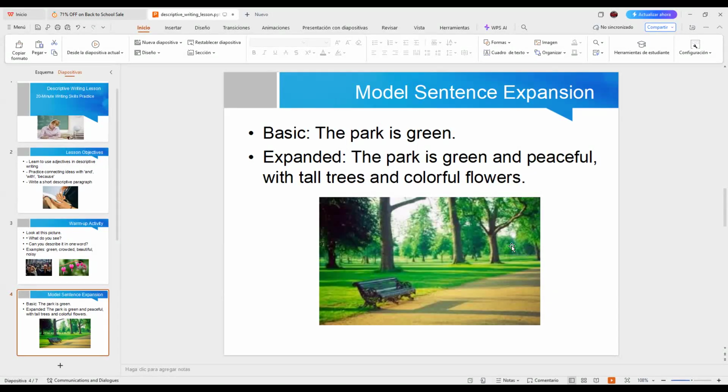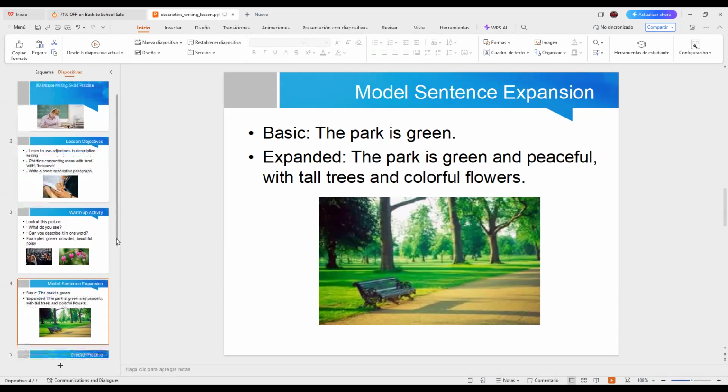Or probably look at some idea that can make a good complement in this structure. For example, the park is green and peaceful, with two trees and colorful flowers, right? Something like that. In that case, this is very important. The student can express more ideas using connectors, probably.